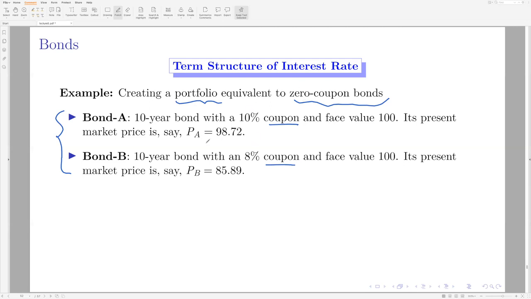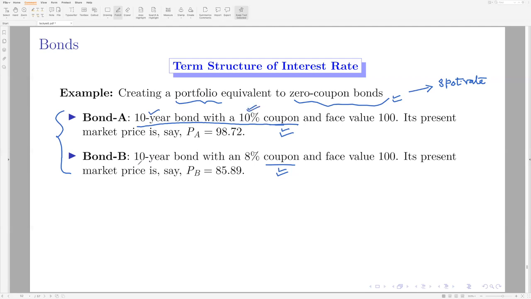Why am I giving this example? To show that even when you are dealing with coupon bonds, by combining them properly, you can convert them to zero coupon bonds and hence go on to study the spot rate for your portfolio. So for that reason, I'm giving this example. Let us see, you have two bonds. One is a coupon bond with duration 10 and the coupon payment is 10%.